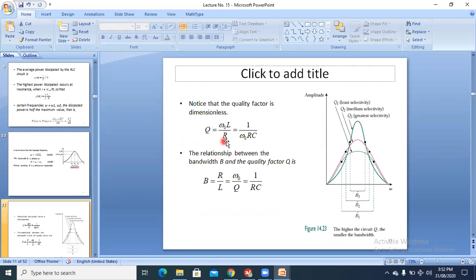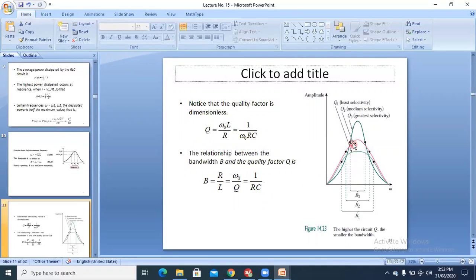From this relationship, if we move Q here, the omega naught by Q is R by L. Or if we equate Q to 1 by omega naught RC, this omega naught by Q is equal to 1 by RC.